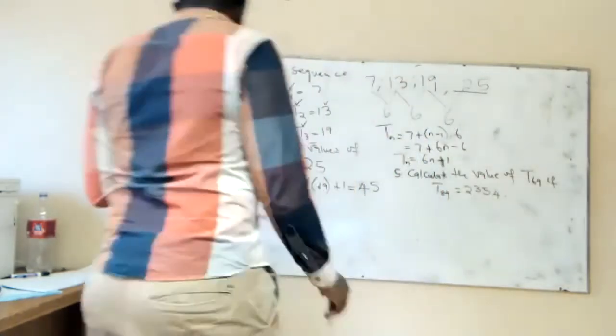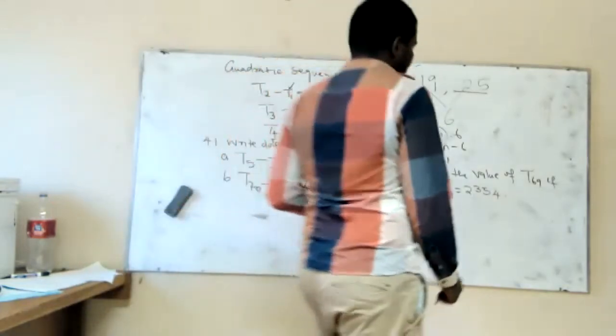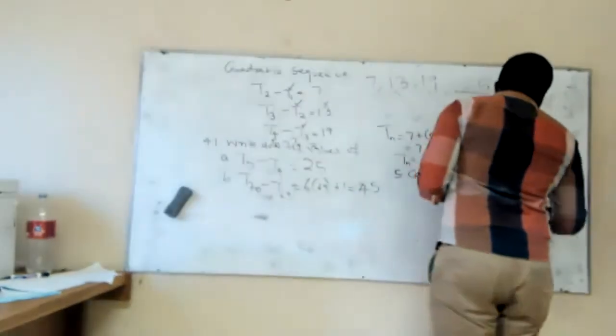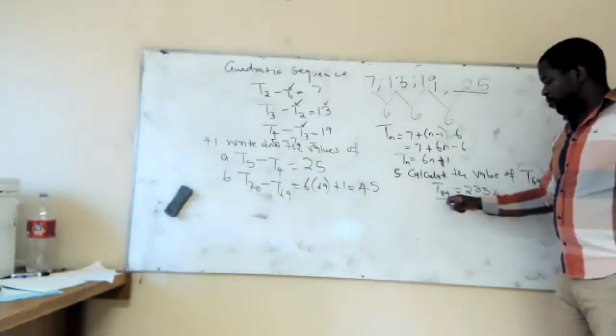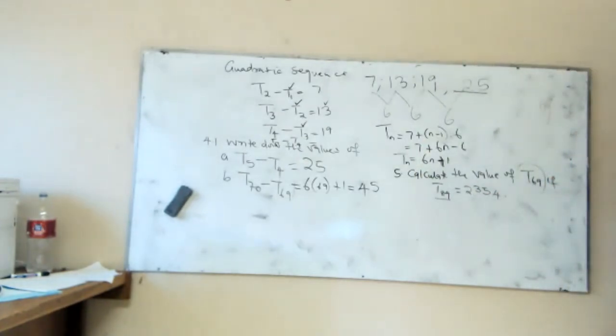We're given that information. We want to calculate T69 while we are given the information of T89.